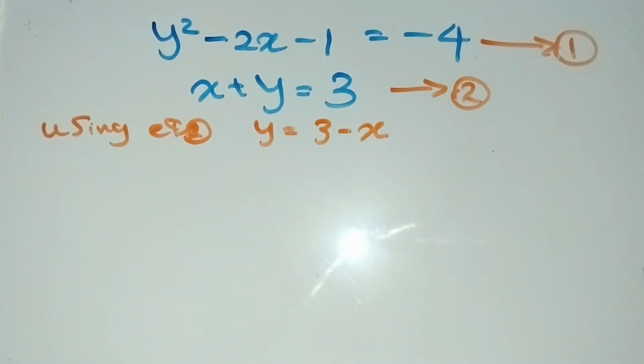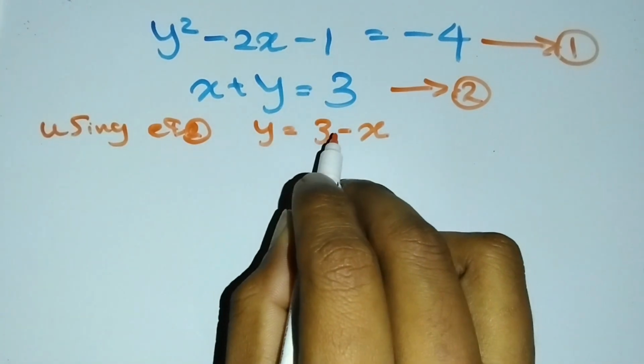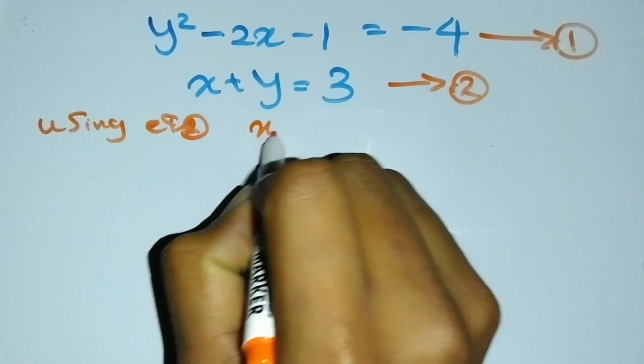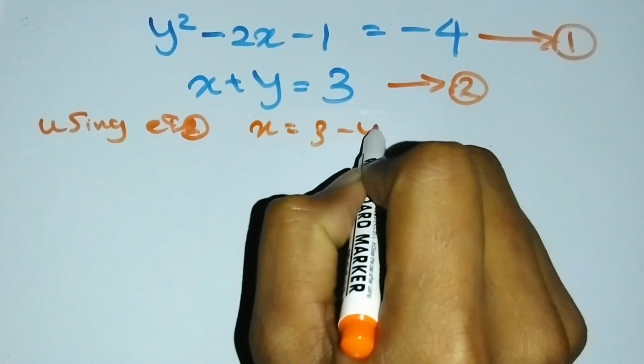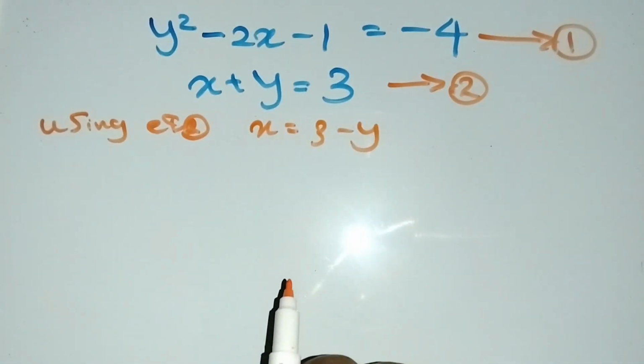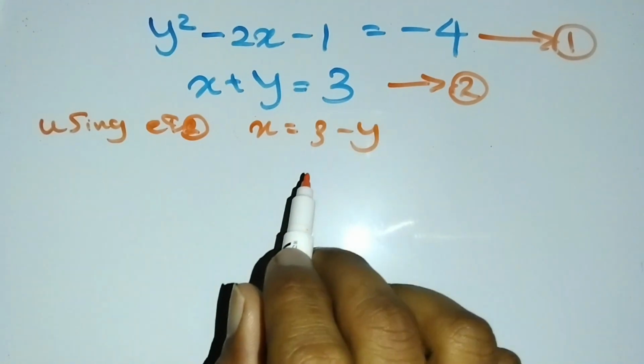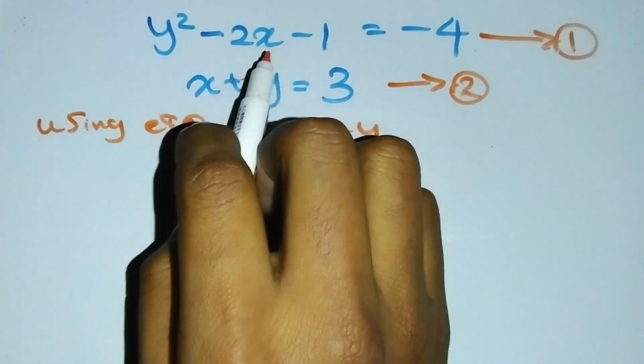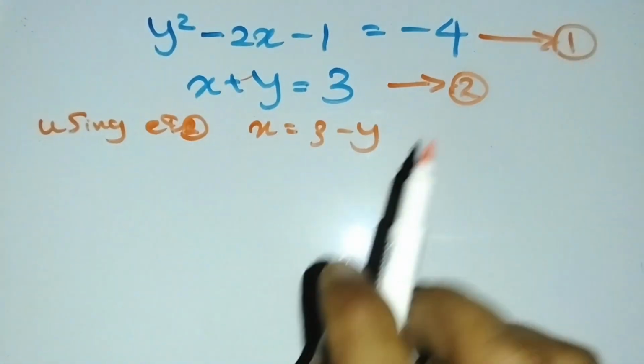Thereafter I have to substitute this expression. Using my equation 2 we can derive that x equals 3 minus y. So this expression can be substituted onto this x of this first equation.